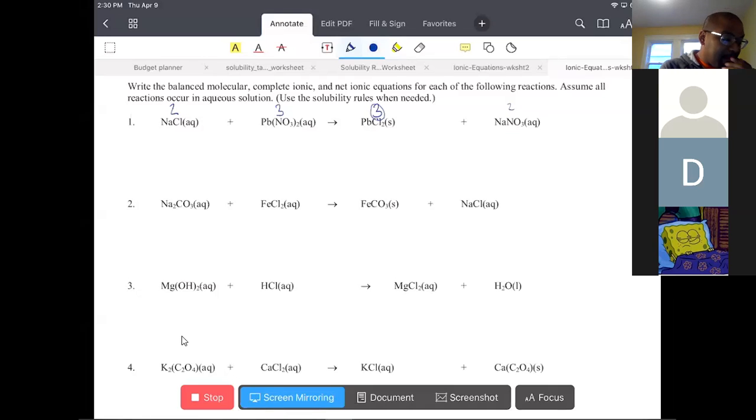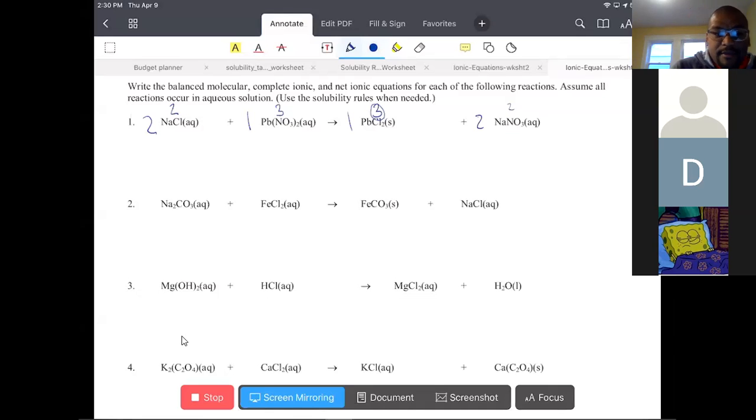We're going to compare the amount of Pbs we have. The leads, we both have 1, so we don't have to worry about that. Now we have the chlorine, which has 2, and there's only 1 on the left-hand side. So I'm going to multiply the left side by 2. Now I have 2 Nas, so I need to multiply the right Na by 2. And I have 2 NO3s and 2 NO3s on the left, and that's how I know that I'm done with the balancing.